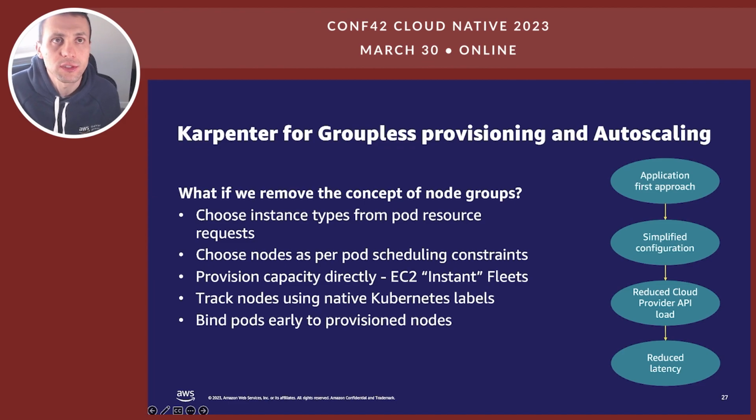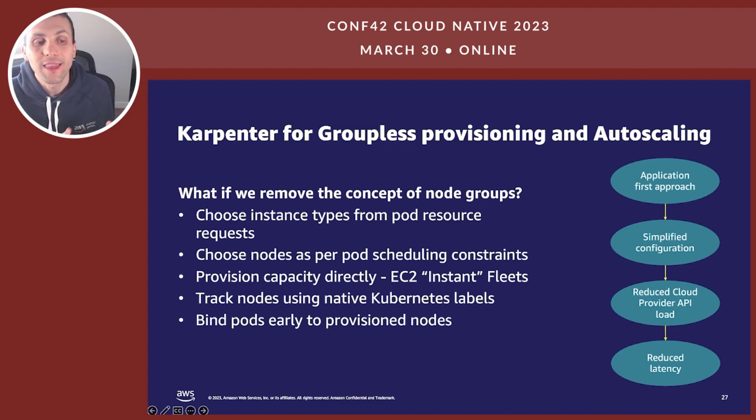So if you have constraints of specific availability zones where you want that pod to be deployed, or potentially some specific instance types or GPUs, it's going to look at the pod deployment labels, and then Karpenter reads that and makes a decision based on those constraints. And that capacity is directly done on EC2 Fleet, and then you track the nodes using native Kubernetes labels.